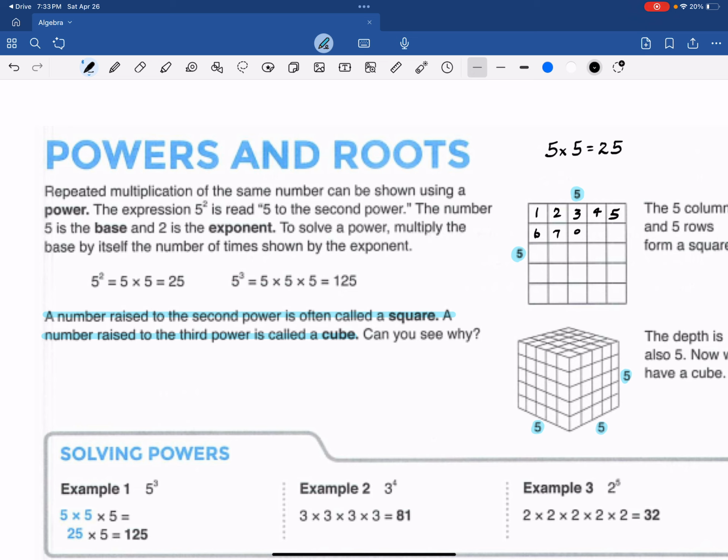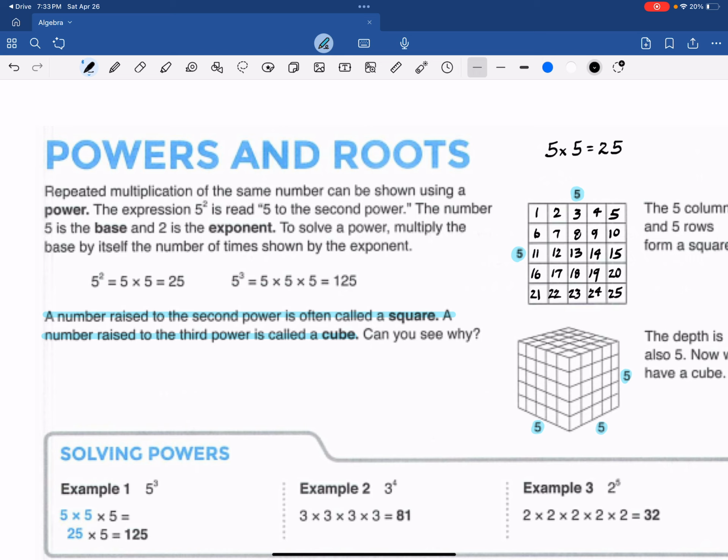I will not be numbering all the cubes, but you will hear me use the word square and cube quite a lot. So I want you to at least know where those are coming from. A square has two of the bases being multiplied. A cube will have three of them because a cube is three-dimensional.